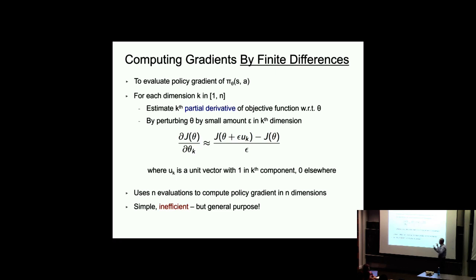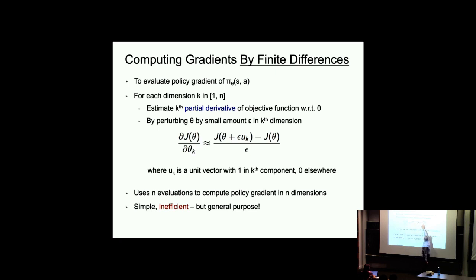So for example, if we're interested in the derivative of J with respect to the kth parameter theta k, one way to find that is to take whatever value we have for theta k and add epsilon to it, and then see what the new value of J is.